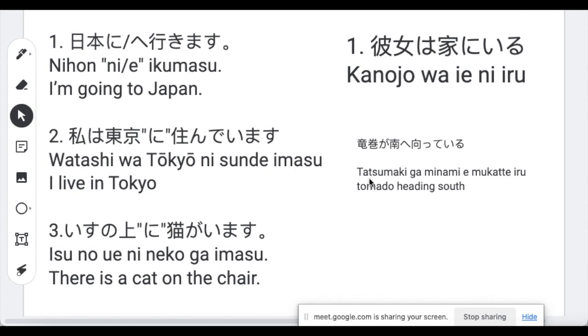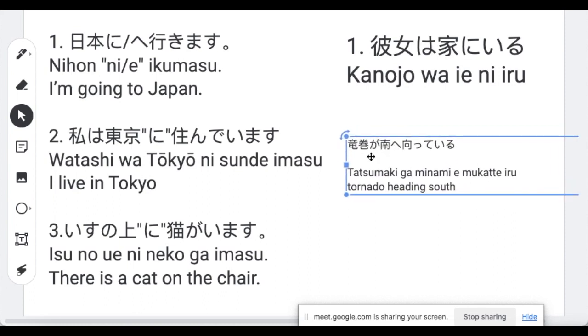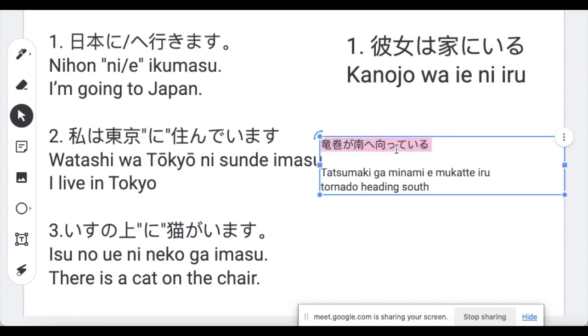Tatsumaki, a tornado. Tatsumaki ga minami e mukatte iru. We are defining the direction here. Mukatte iru means we are defining the direction. The tornado is heading south. Here too we use e, because this is a natural phenomenon with no particular direction, but we want to say this with the use of particle e. In that condition we have to use e. In this case we can use tsunami ga minami e mukatte, or nishi e mukatte.